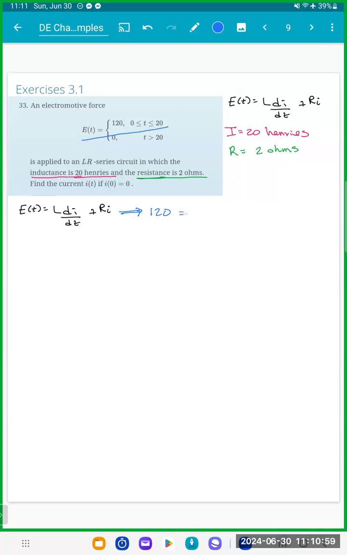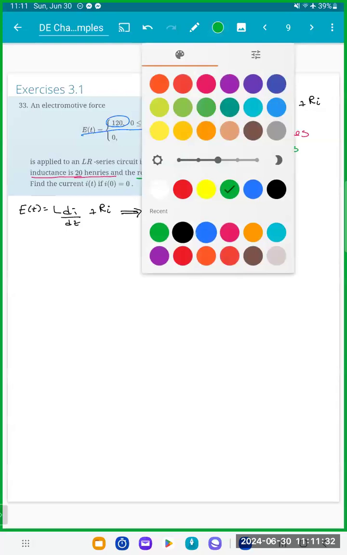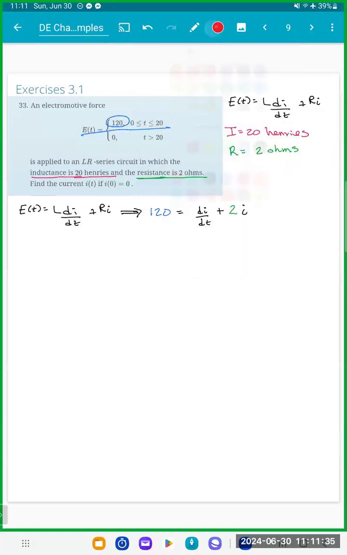And it is equal to, so the 120 I'm getting from right here. 120 equals, we'll skip a little space so we could put the 20 for our L, di/dt plus 2 ohms here for our resistance, and I here.